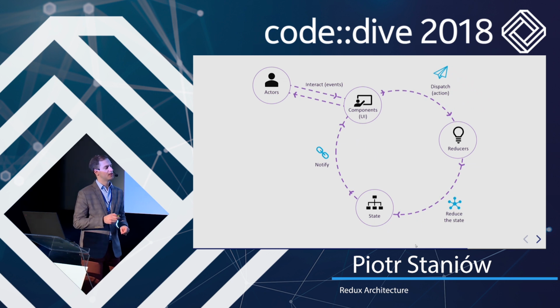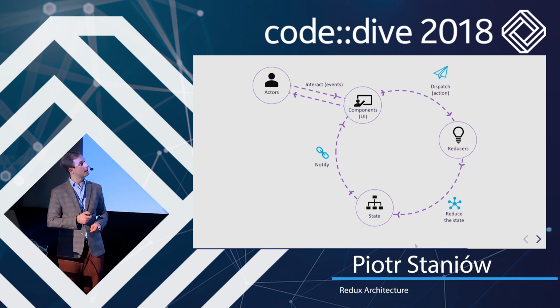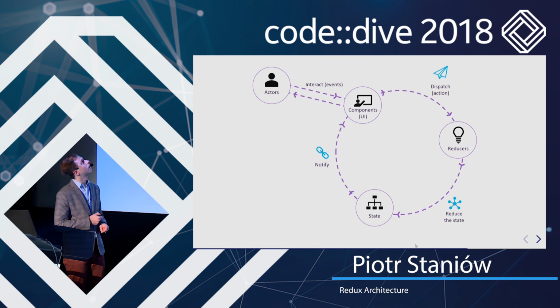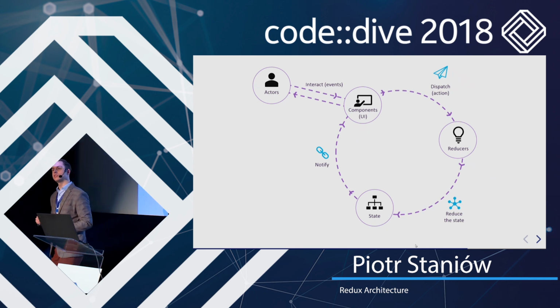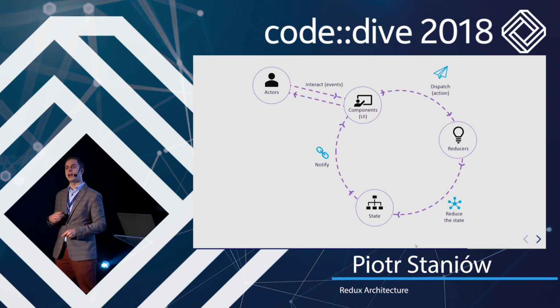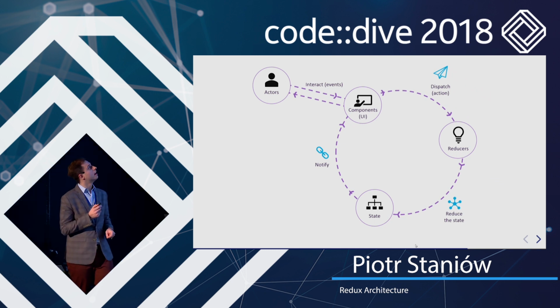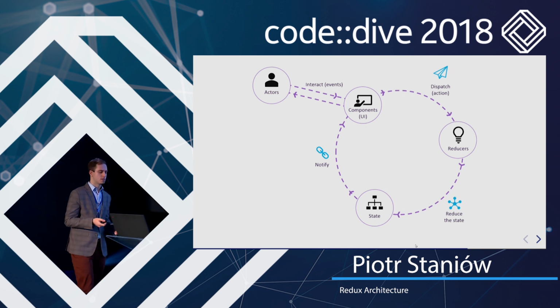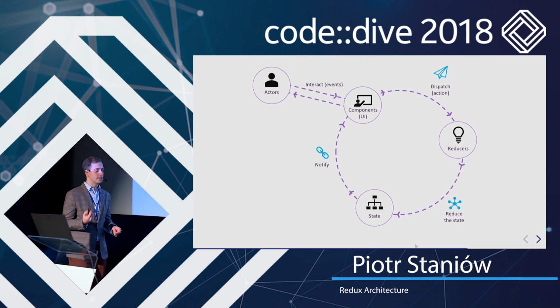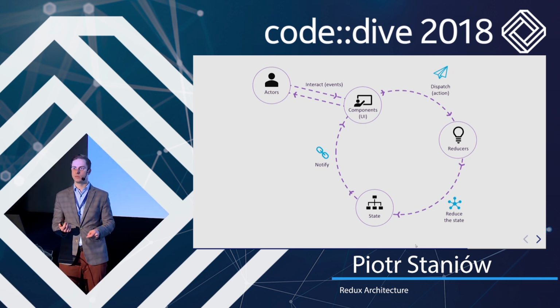And this chart here tells you a little bit about the Redux flow, how it's organized, and how your application could interact with any actors. And by actors here, I mean not only users. I mean your sensors, your antennas, your devices connected to your system.